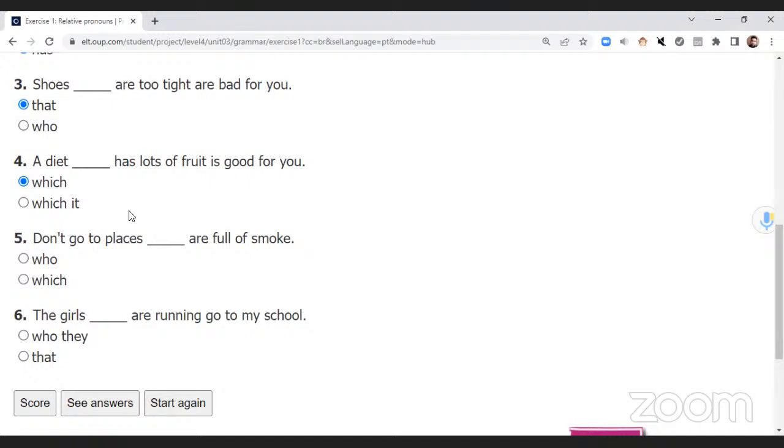Okay, number 5. Don't go to places which are full of smoke. And then the last one.